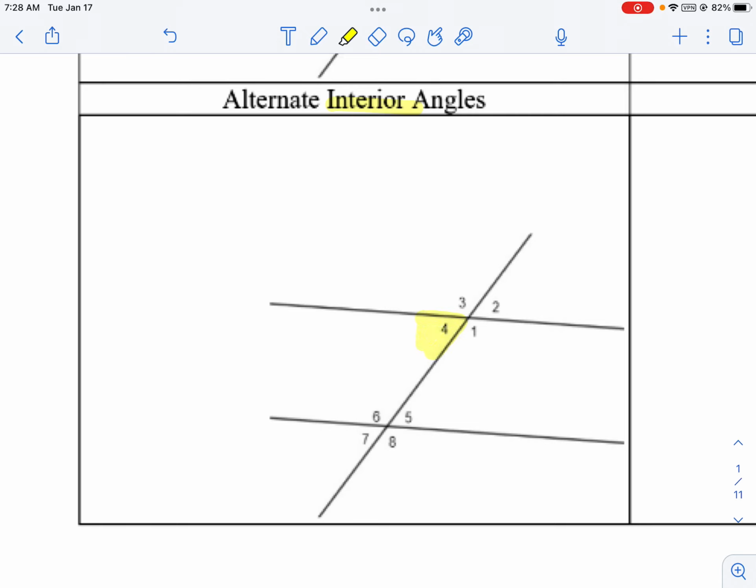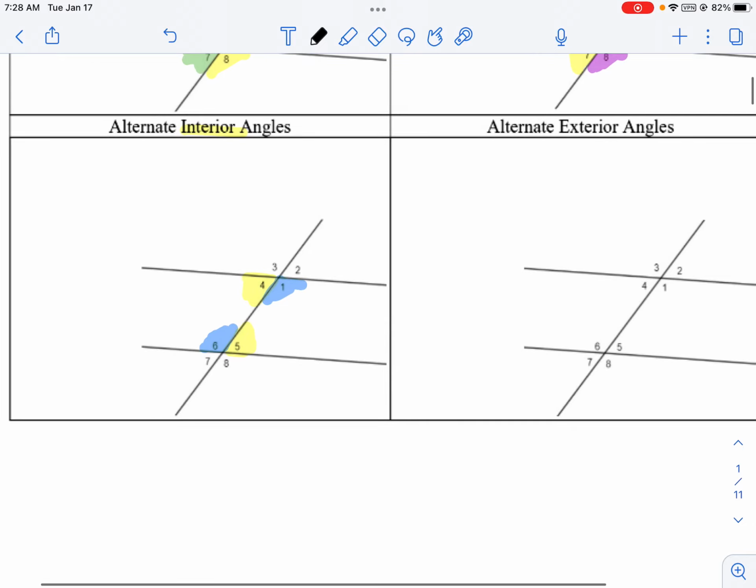On the alternate side of the transversal, still inside the parallel lines, you have angle 5. So angle 4 and angle 5 are congruent because they're on the interior, on the alternate side of the transversal. Likewise, angle 6 and angle 1 are congruent. Those are alternate interior angles.